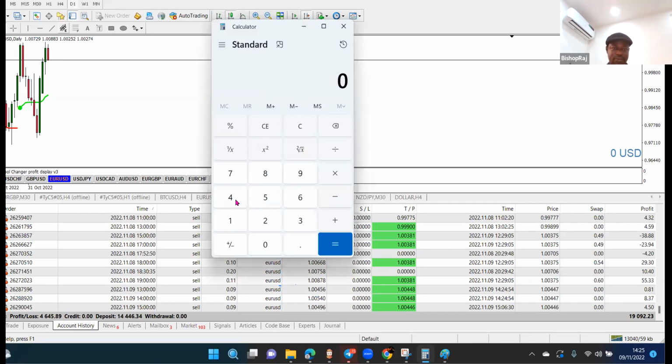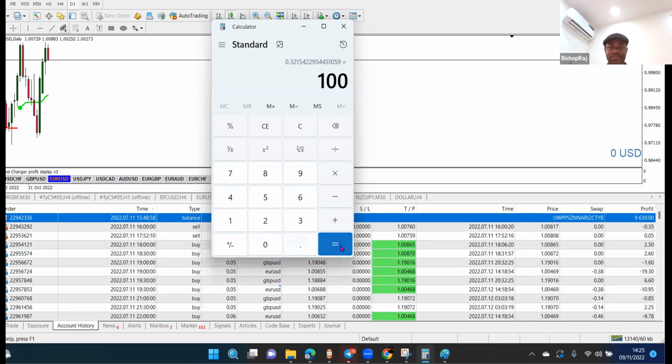So this is 4,645 divided by 14,446. The math might not be exactly correct because it started with 9,000, then the balance came in somewhere in between, but this will give us a rough average. Now let's multiply this by 100.